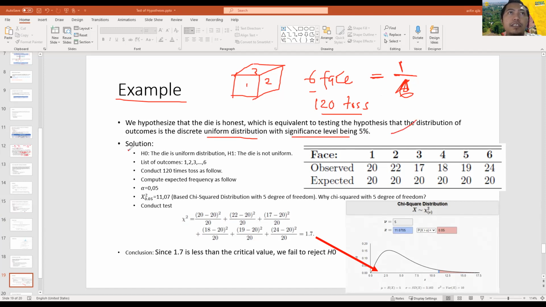The solution is, first, determine the null hypothesis: the die has a uniform distribution, and the alternate hypothesis: the die does not have a uniform distribution. So first, list all the outcomes. In this case, we have 6 outcomes, 1 until 6. Conduct 120 tosses, but it depends, it's flexible.